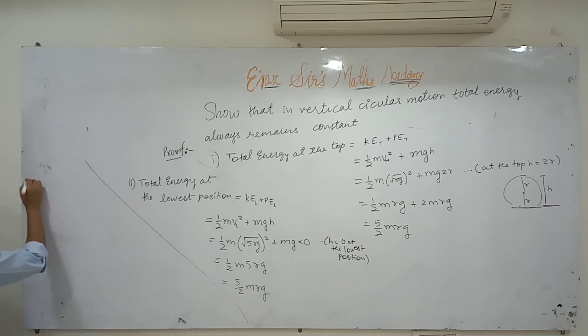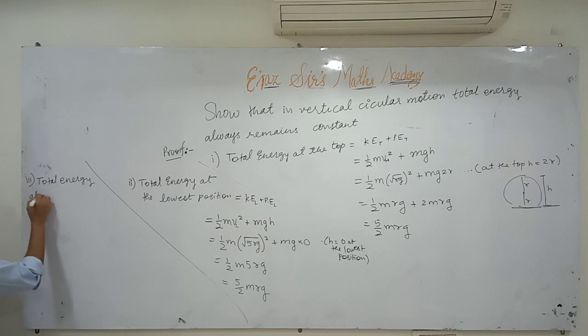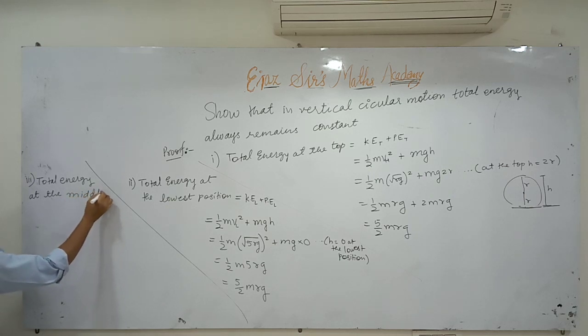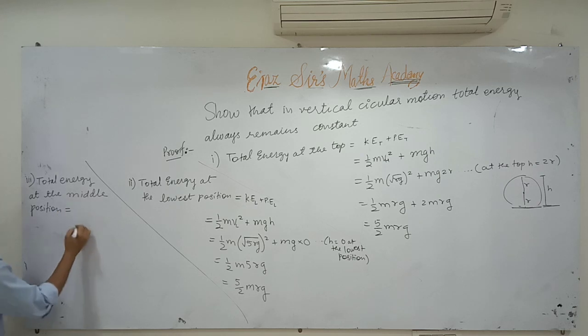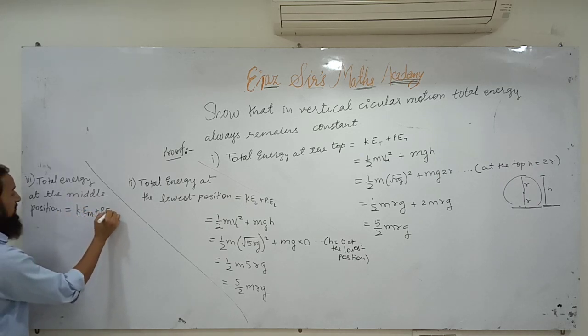Number 3: total energy at the middle position is equal to kinetic energy at the middle position plus potential energy at the middle position.